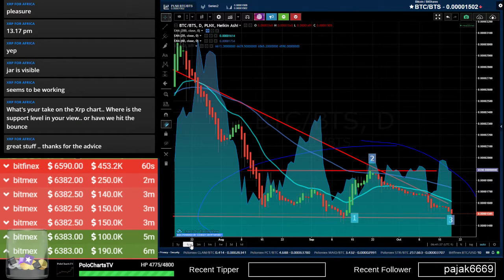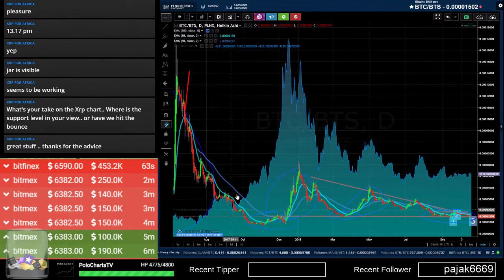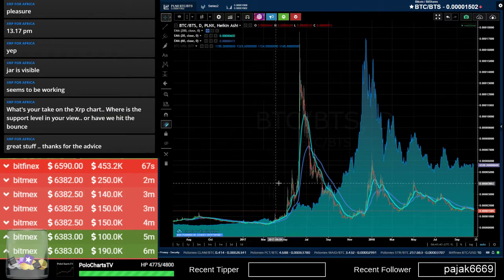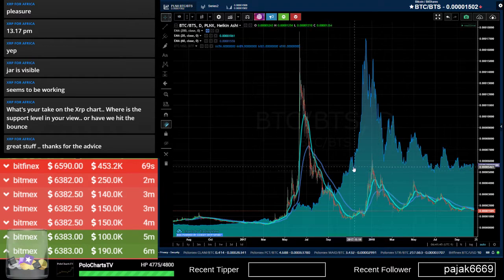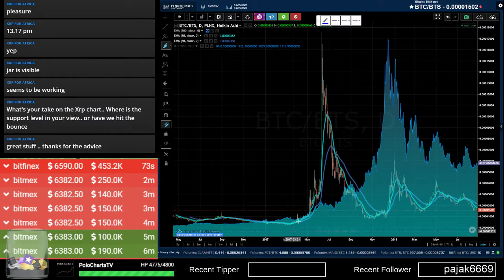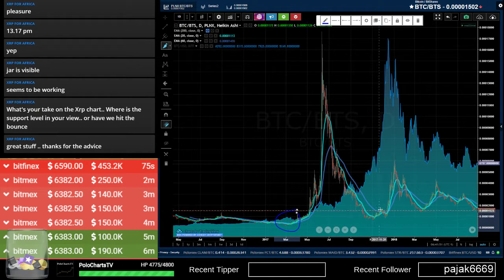So one thing that I noticed after studying all this and trying to determine when the next bull market is starting, I wanted to get familiar with how these markets looked at the turnaround point. What exactly were they doing on these turnaround points before they went up?